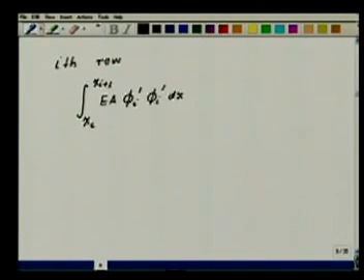This is going to be non-zero. Similarly, integral x_i to x_{i+1} EA phi_{i+1} prime phi_i prime dx. This is going to be non-zero.